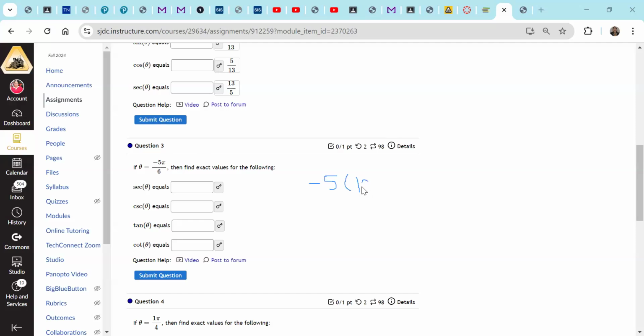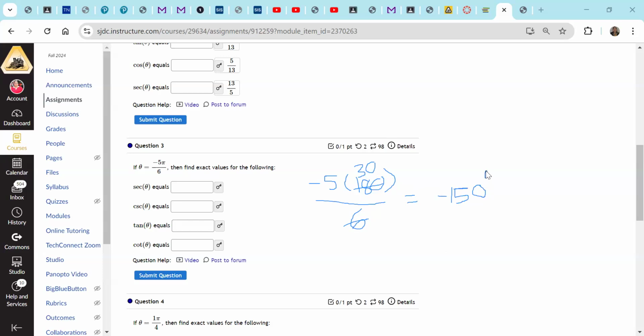Pi means 180, and then divided by 6. 180 divided by 6 is 30 degrees. And 30 times negative 5 is negative 150. So negative angle. We got to find the location of this one.